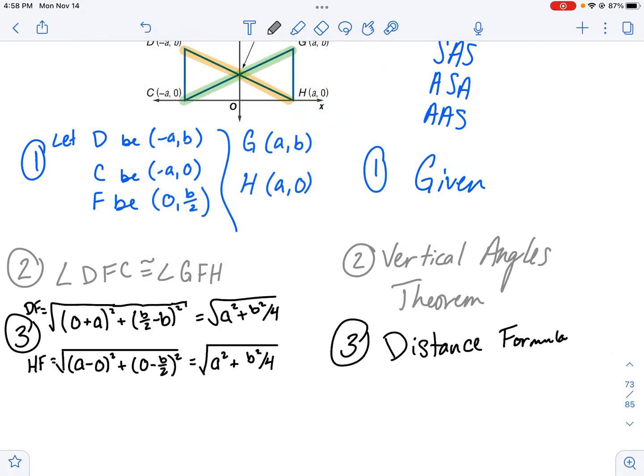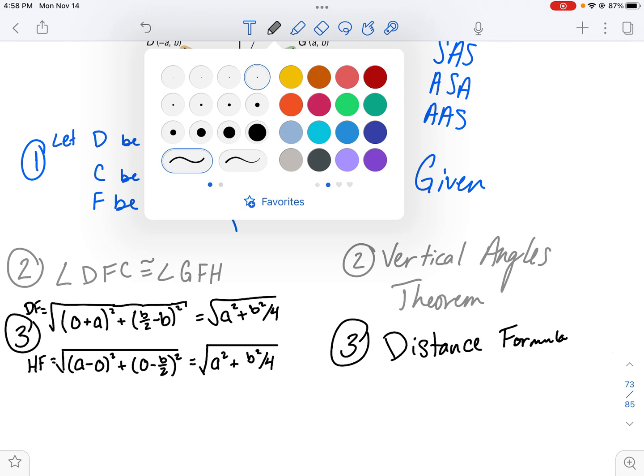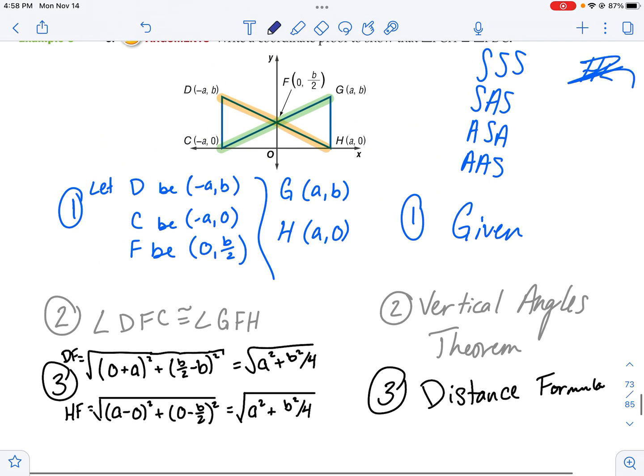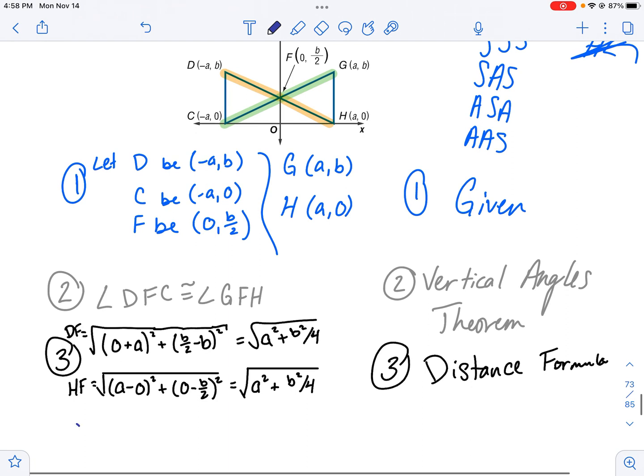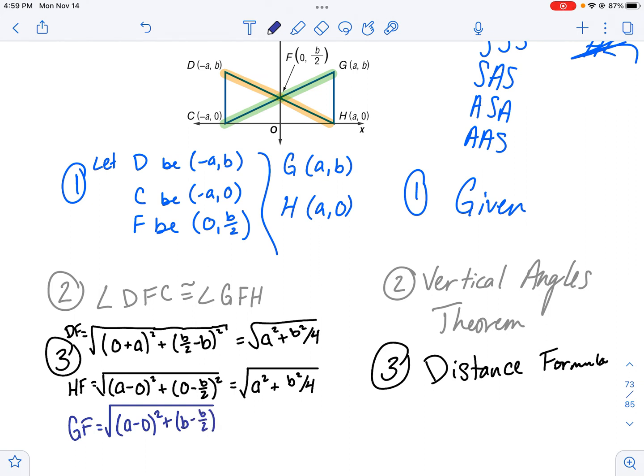And then ideally I would be able to prove, maybe I'll use a dark blue, that GF and CF are also equal. So let me try that. What is GF? That would be A minus 0, squared, and then B minus B over 2, squared.